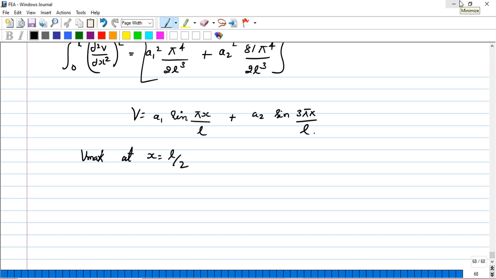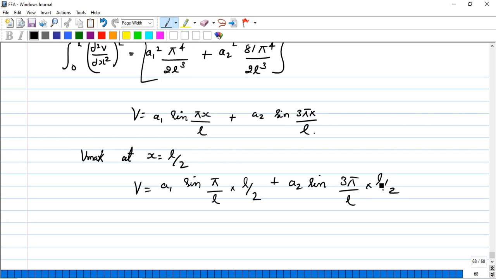If that is the case, let me substitute x as L by 2. Then V is equal to A1 sine pi by L into L by 2, plus A2 sine 3 pi by L into L by 2. So L gets cancelled, and so here A1 sine pi by 2 plus A2 sine 3 pi by 2.